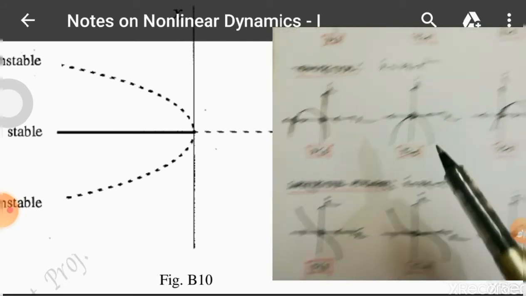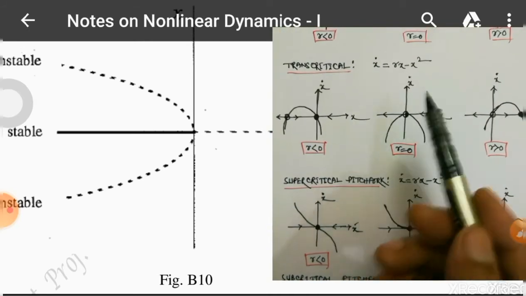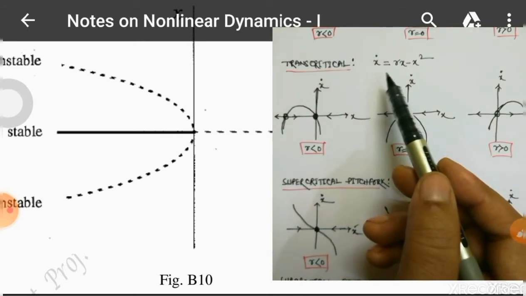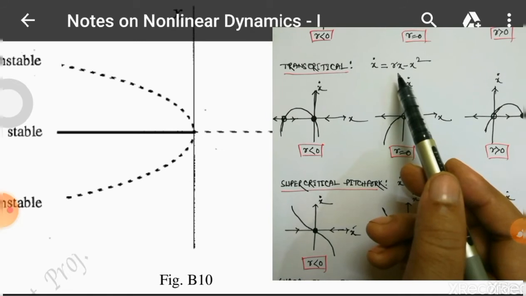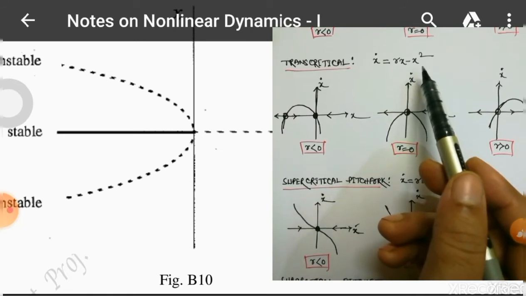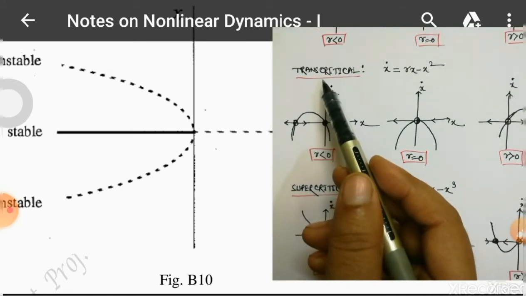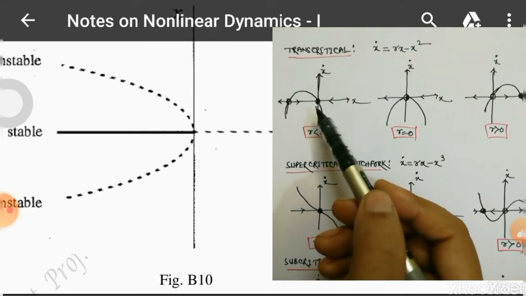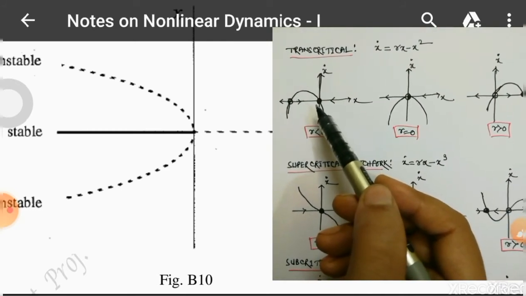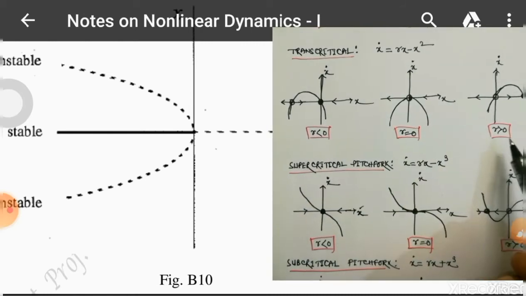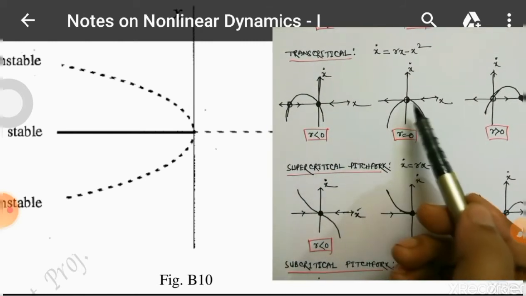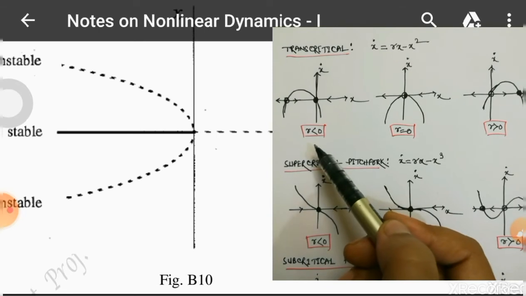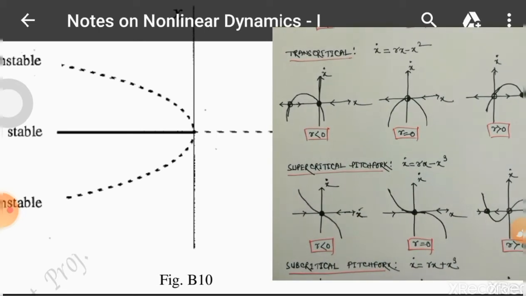Okay, then we discussed transcritical bifurcation, the normal form of which is x dot equal to rx minus x square. In the case of transcritical bifurcation, there remains a fixed point for all conditions of r. Only the stability of the fixed point changes with the variation of the control parameter r.